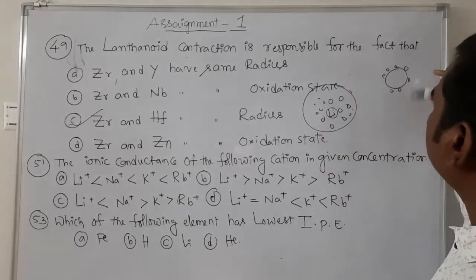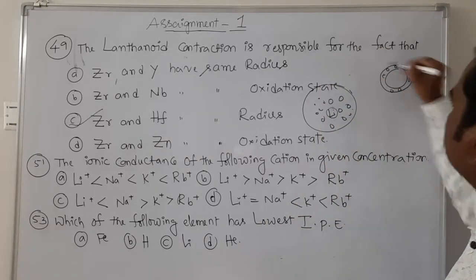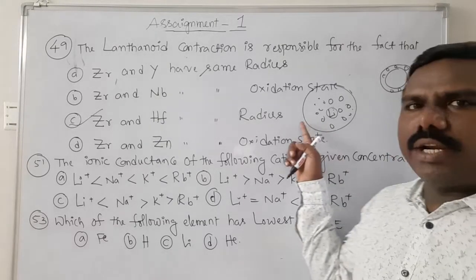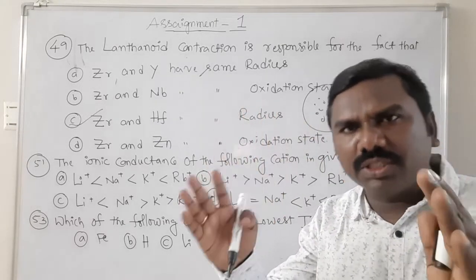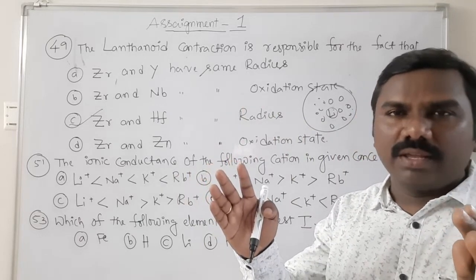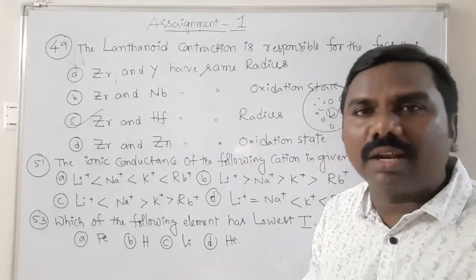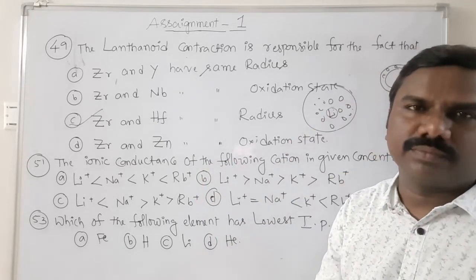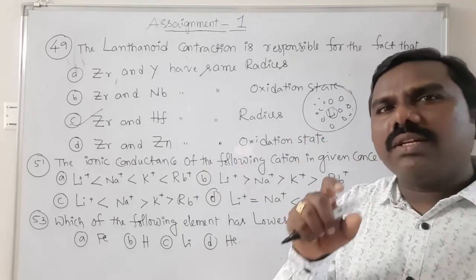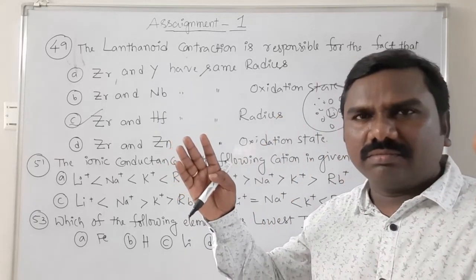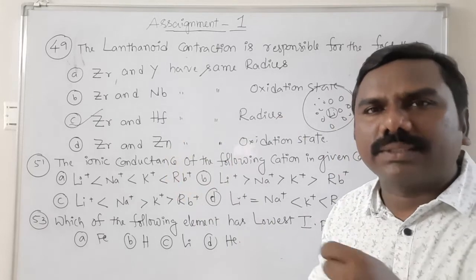Obviously, this is the size after hydration. After hydration, lithium size is larger in aqueous medium. After hydration, rubidium size becomes smaller because of less hydration. An ion in solution that is larger or heavier cannot move faster.